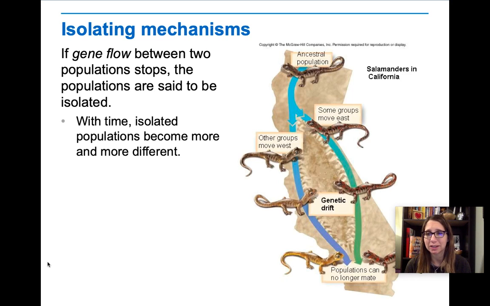So there's a really great example of salamanders out in California. All of these diverged and originally came from one ancestral population, which you can see there towards the top of the image. And then as they started to fill and occupy these different niches in different parts of California and move into new habitats, they became more and more different from one another.